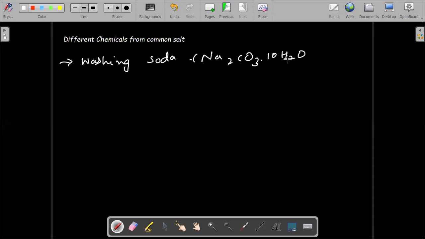So you just need to perform the crystallization and obtain from sodium carbonate 10 molecules of water. Now, these 10 molecules of water are called water of crystallization. Not only this, there are other salts also which have water of crystallization.